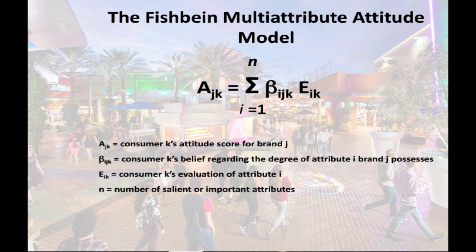What this mathematical formula tells us is that in order to derive the attitude toward the object, you must multiply together the belief regarding the degree of the attribute the brand possesses times the evaluation of that attribute for each attribute that's being evaluated as part of the attitude, and then you add those products together, the product of B times E. So the model says A, the attitude, equals the sum of the product of B times E for all the number of salient or important attributes.